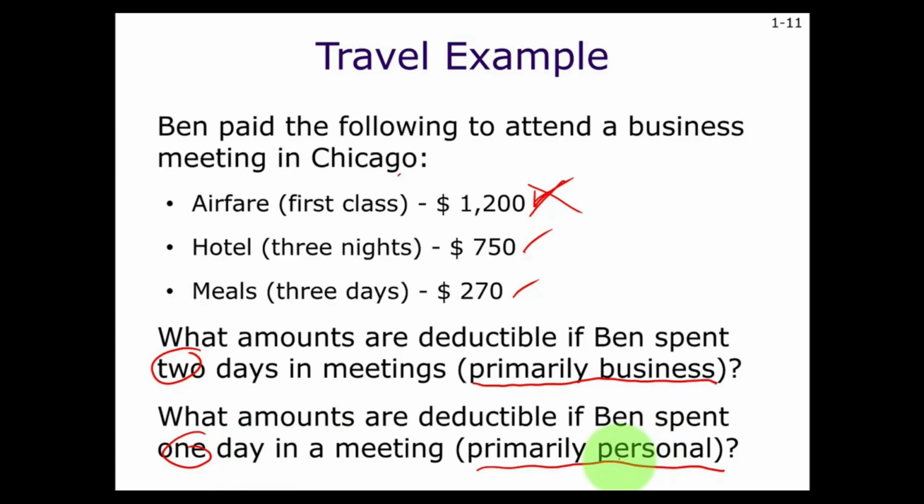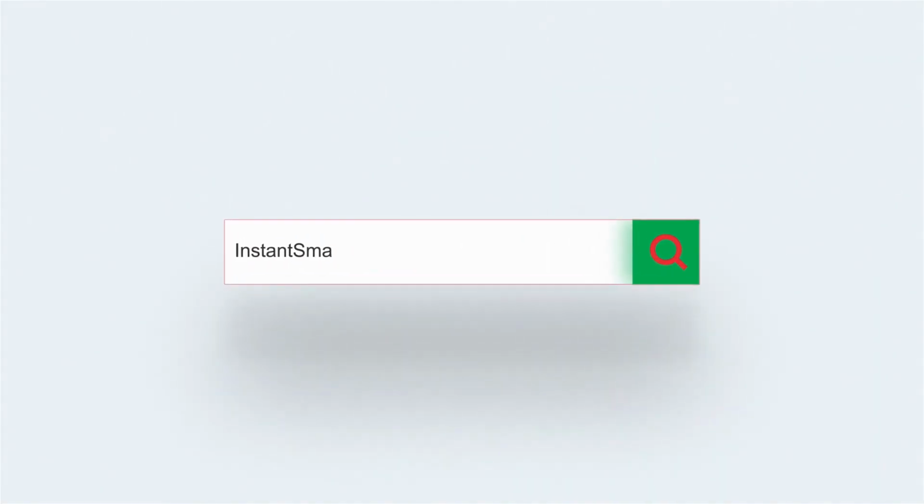Okay, what is the main reason he's going on this trip? Even if it's just 1 day, if it's business, I would deduct all of this airfare cost. The presumption here is looking just at the days, personal versus business. And it's all or nothing. Okay, that's a presumption.